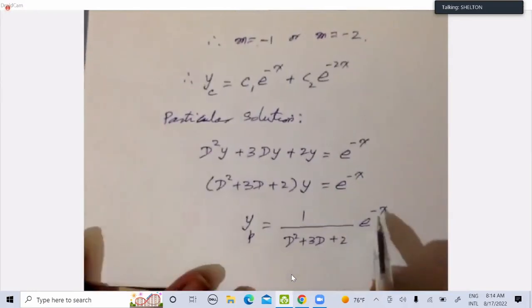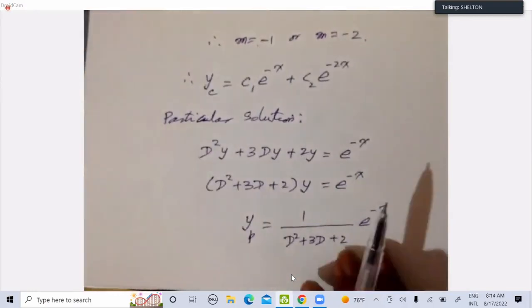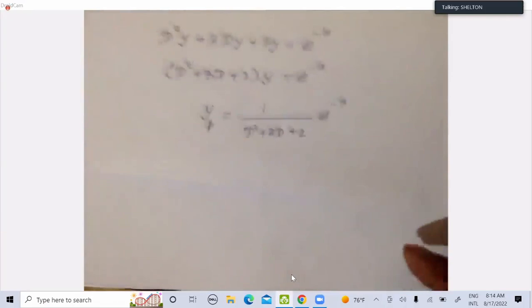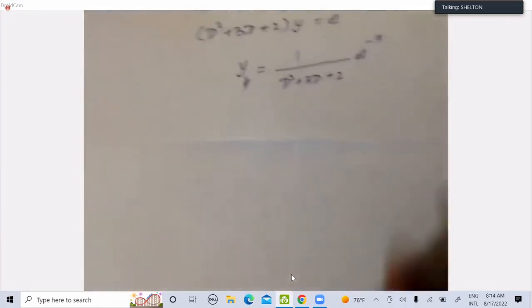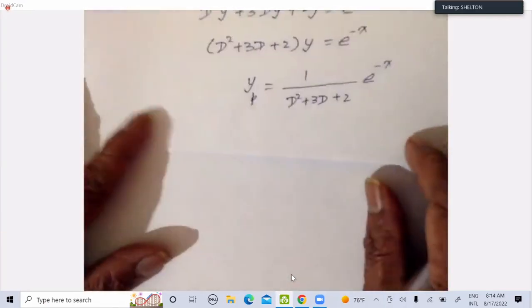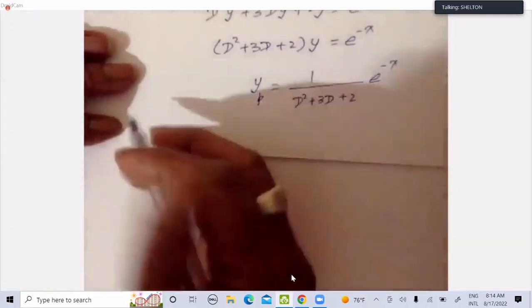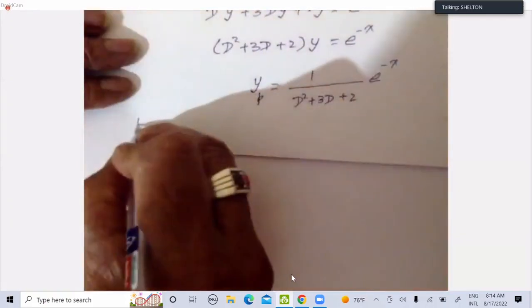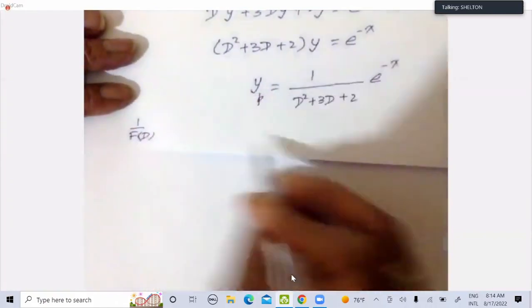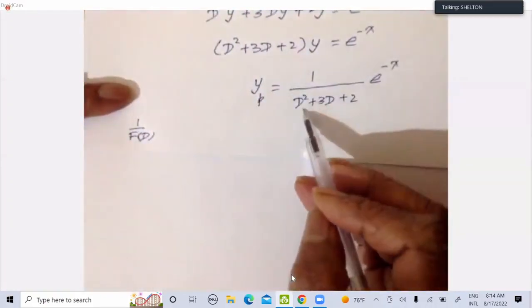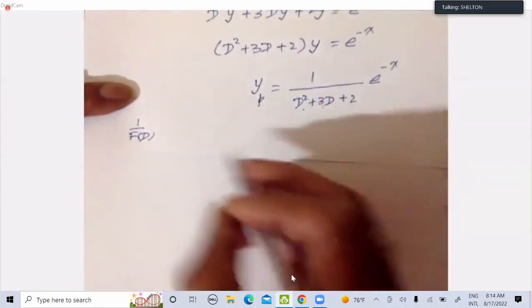Now to find this, we shall use the formula: 1 over f of D, which is d squared plus 3d plus 2 here.